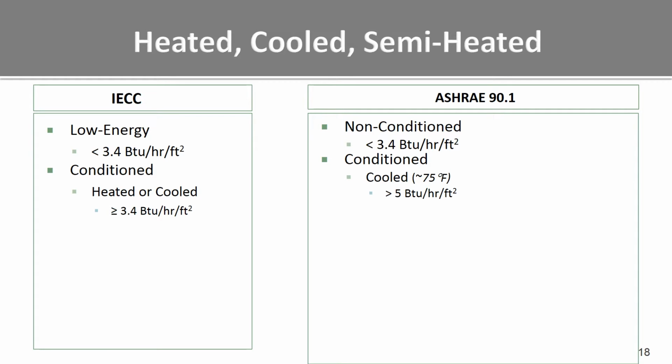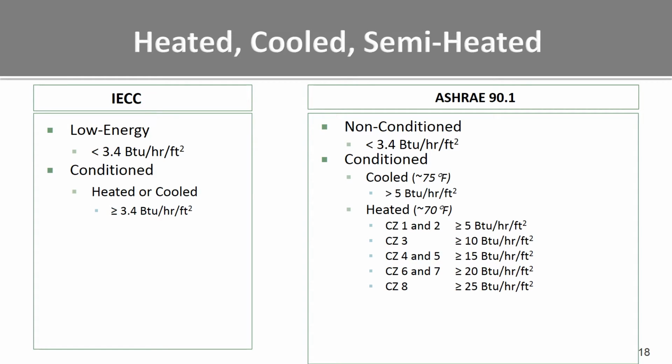Cooled means that you are using an air conditioning system with an output of anything greater than 5 BTUs per hour per square foot. If one were energy modeling this, it assumes anything around the 75 degree Fahrenheit threshold. Heated, just to keep the occupants comfortable, is around 70 or greater.